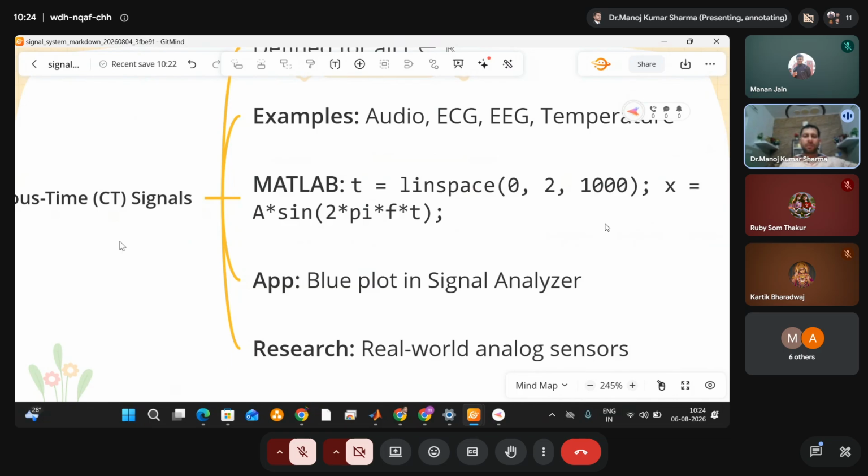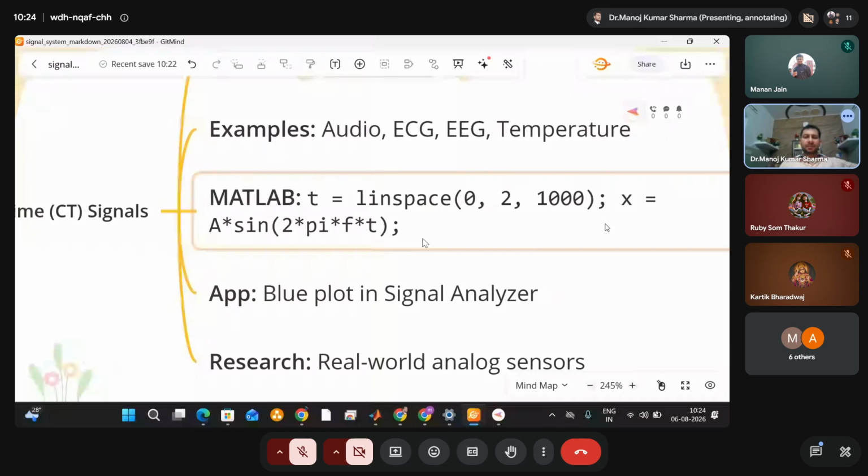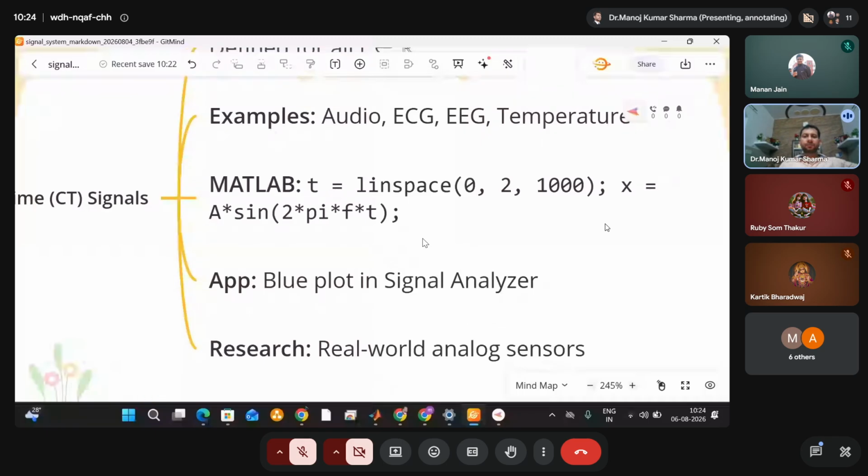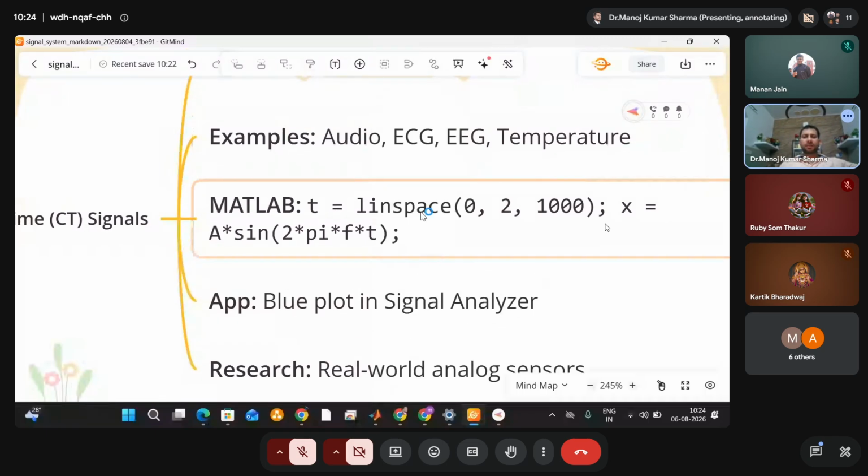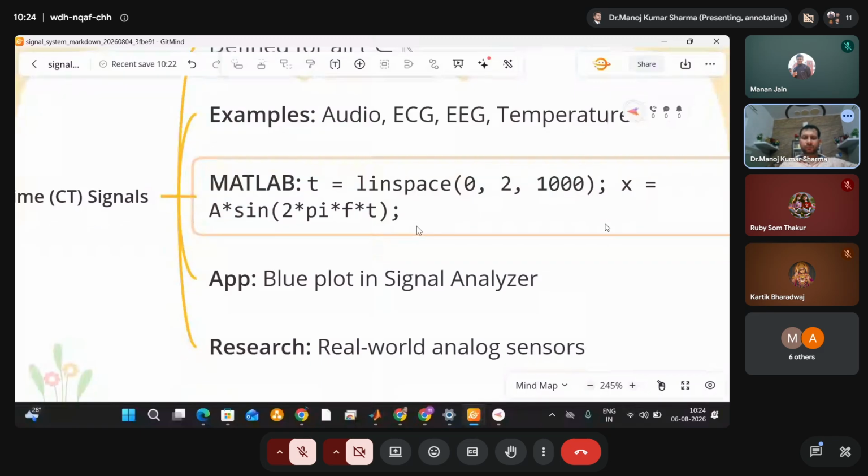And if we talk about real signals, the ECG, EEG, audio signals, and the electricity coming to your home from generation through transmission is also a sine wave in nature.